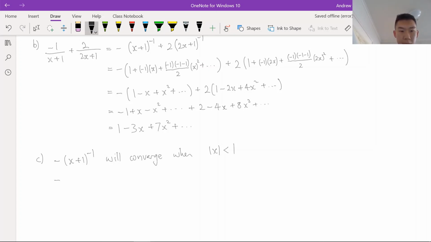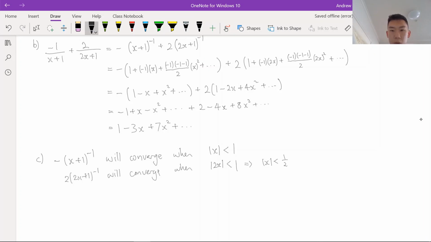Now our second term, 2 outside of 2x plus 1 take 1, will converge when the absolute value of 2x is less than 1. So that means that the absolute value of x would be less than half.